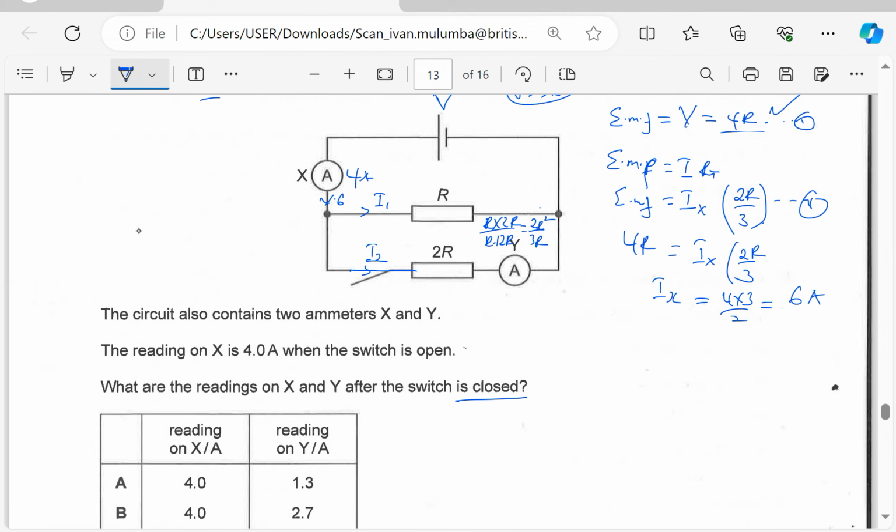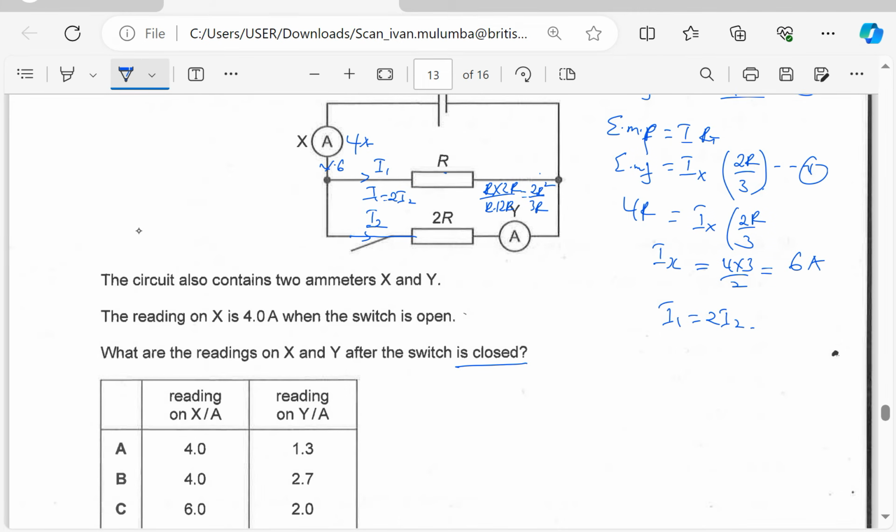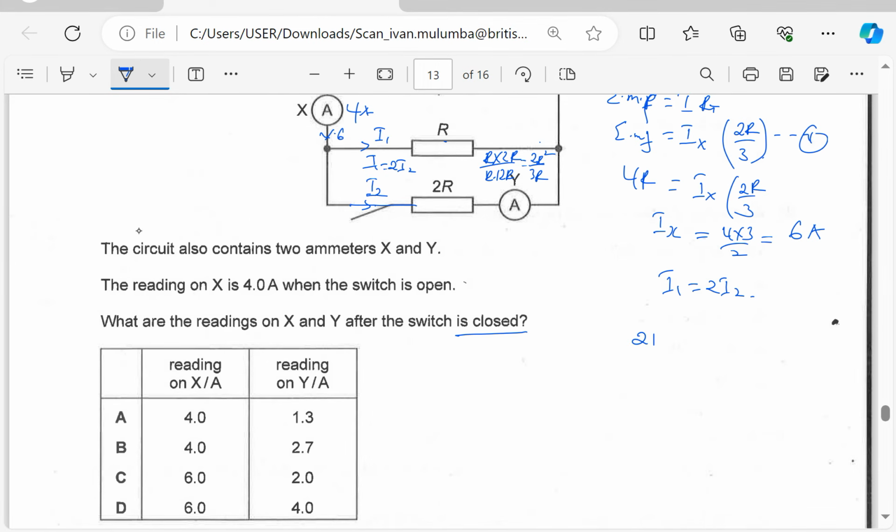But remember, okay, I'll do this mathematically. There's no problem with that. Of course, you notice that the current which goes through R, I1, is going to be twice I2 because current is inversely proportional to resistance. So I1 is the same as twice I2. So I'll say 2I2 plus I2 is equal to 6, by Kirchhoff's first law.